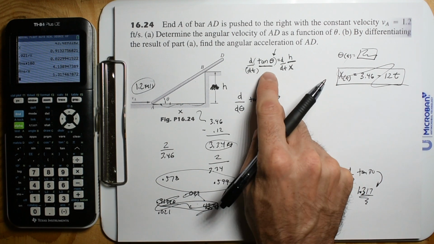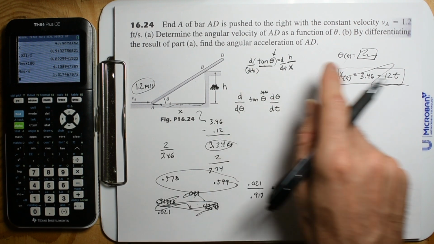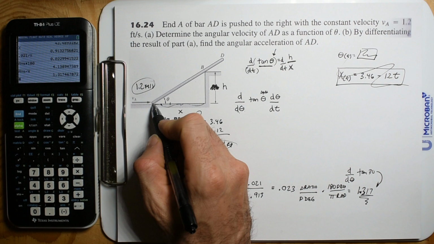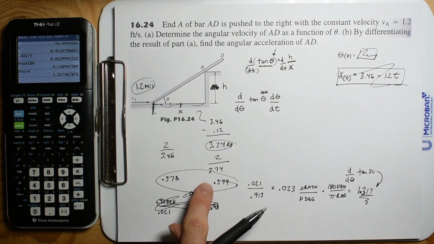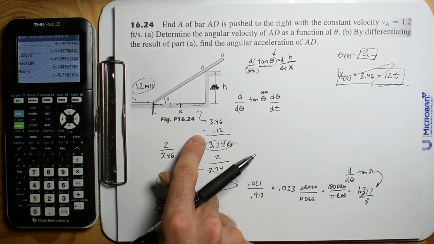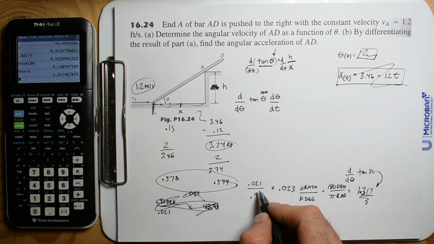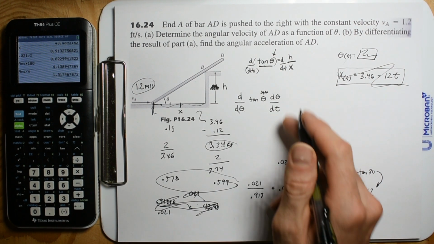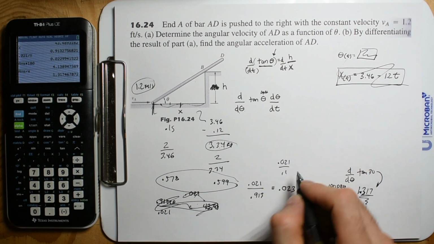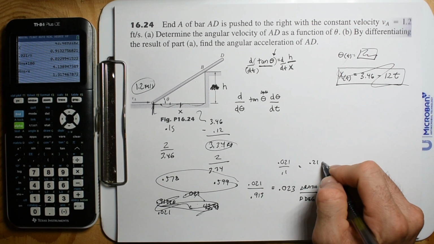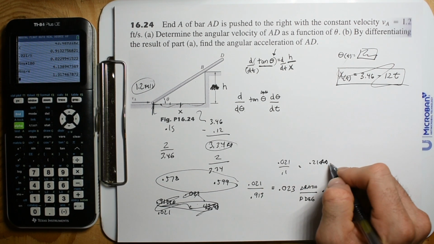Now we could change it by time. What did we do for our problem? That was going to be 0.1 seconds. So we're going to have 0.021 divided by 0.1, and that's going to be 0.21.